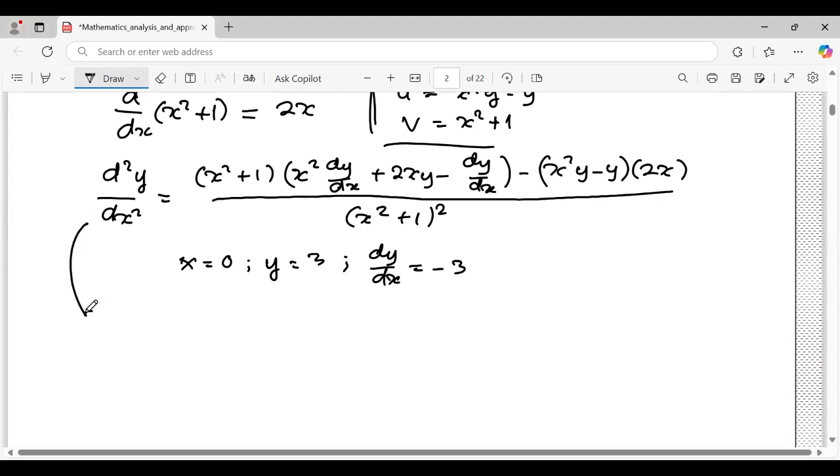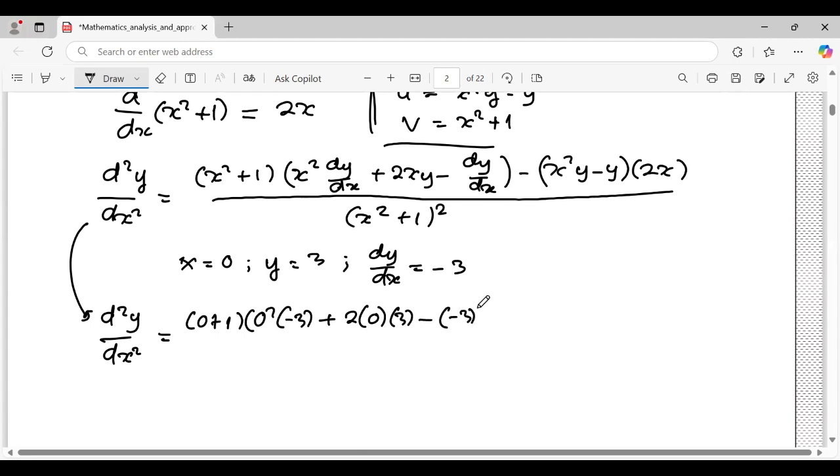So the second derivative becomes, substituting 0, 3, and minus 3 into this expression, 0 plus 1 times 0 squared times minus 3 plus 2 times 0 times 3 minus 3, minus 0 squared times 3 minus 3 times 2 times 0, divided by 0 squared plus 1 squared.